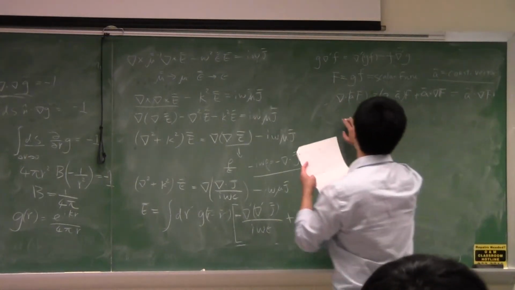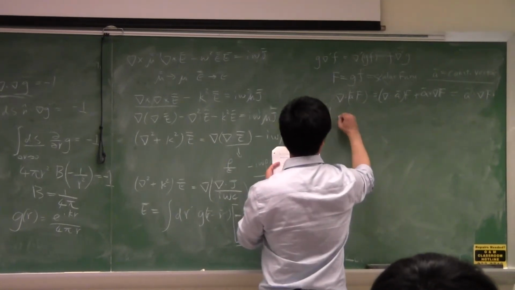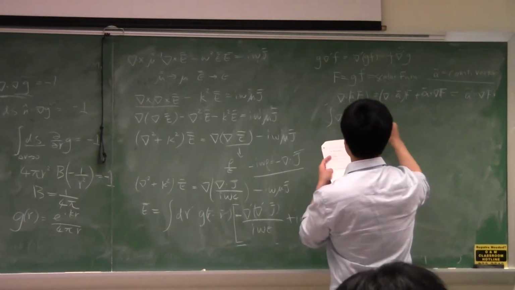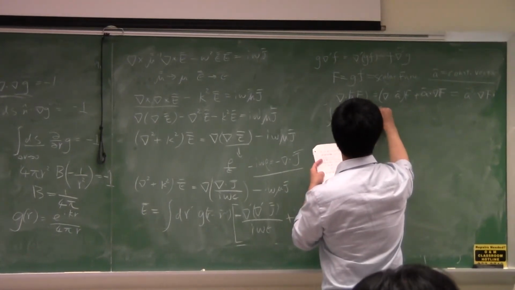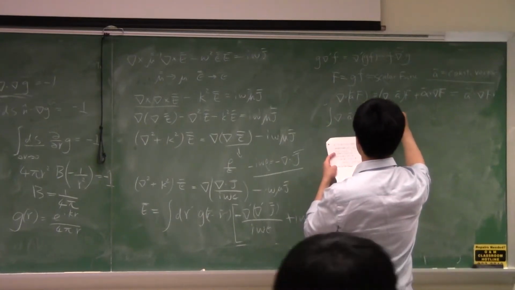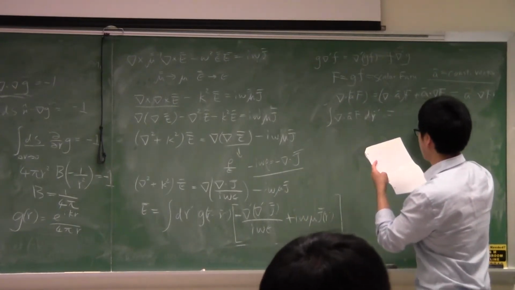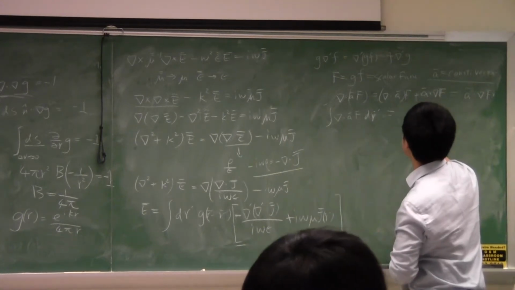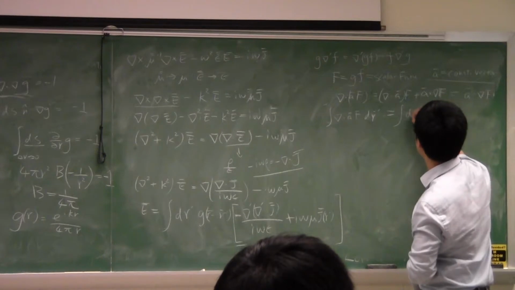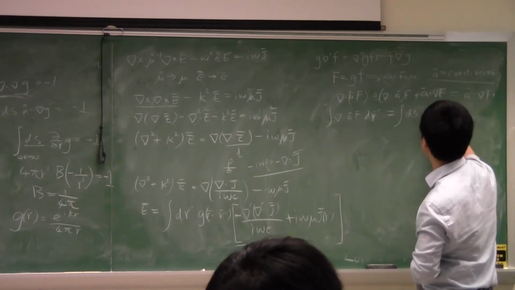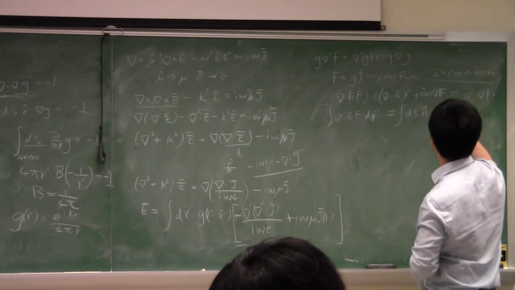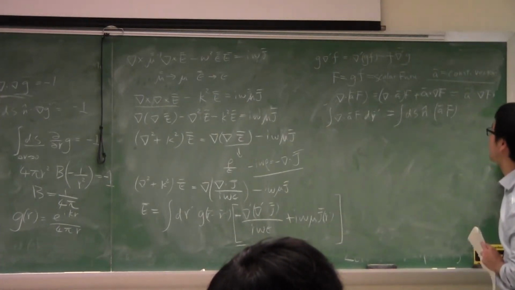So now I can just do the integration. On the left-hand side, using the Gauss theorem, it will just give me n dot A F, right?